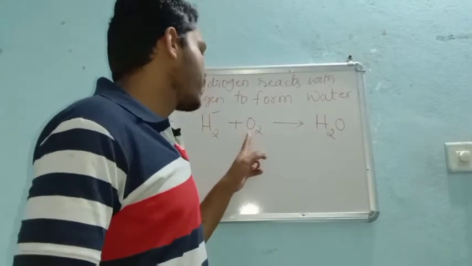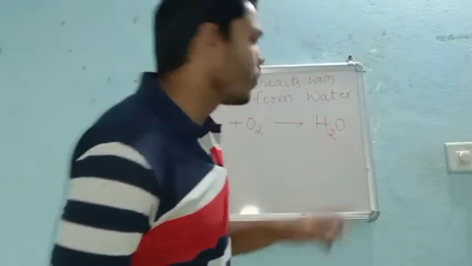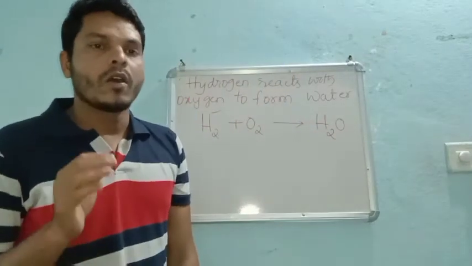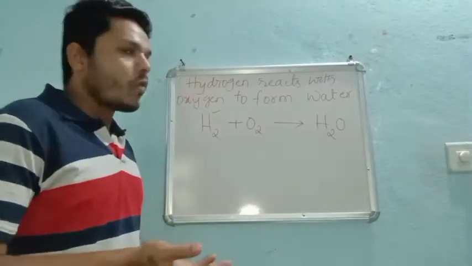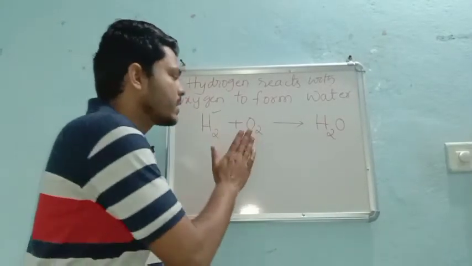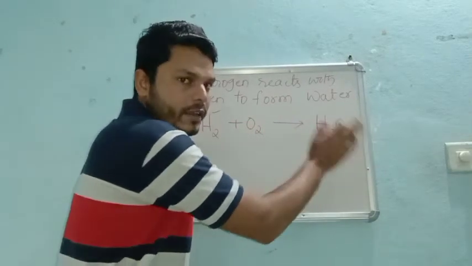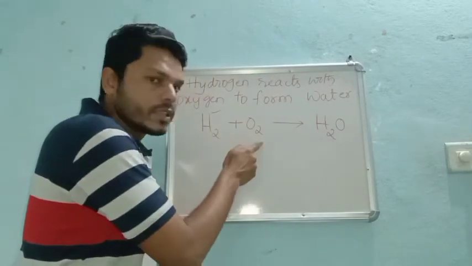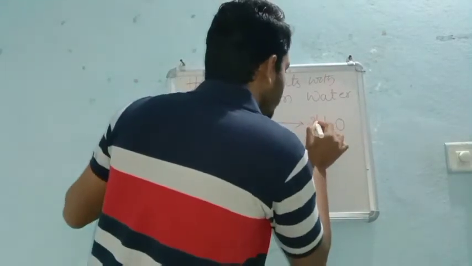Here there are 2 oxygens, but on the product side only 1 oxygen. That means oxygen is not balanced. This side has more oxygens, so we need to balance at the other side. How many oxygens are present? 2, but we have only 1. So just put 2.